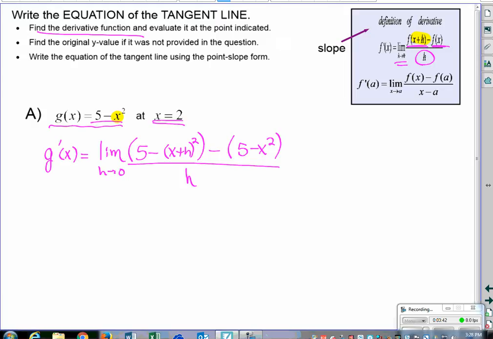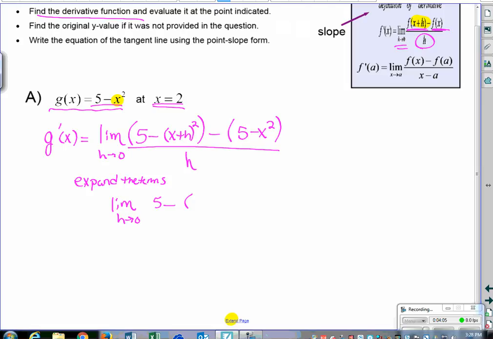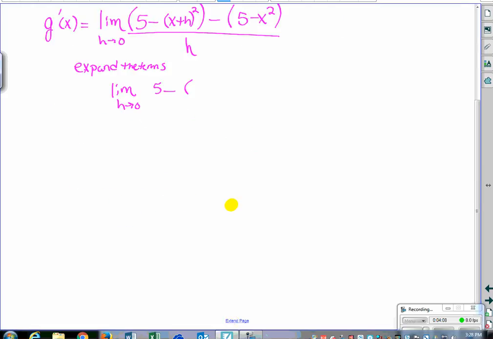Our setup is complete, and now let's do the algebra part of it. So I'm going to expand the terms in the numerator. That'll look like the limit as h goes to 0 of 5 minus, need a parenthesis because there's going to be a few terms here to capture, and it'll be x plus h squared. Okay, off to the side, x plus h squared.